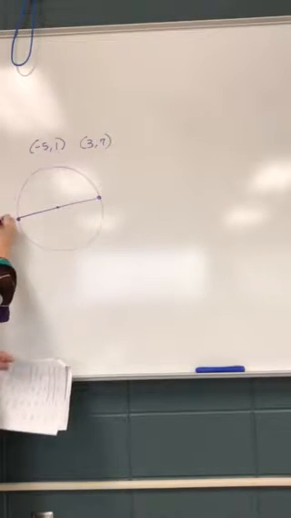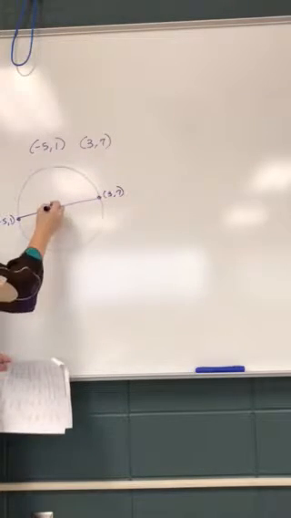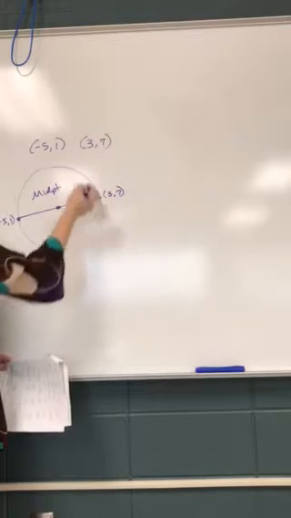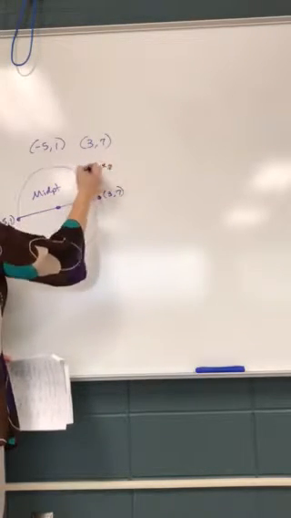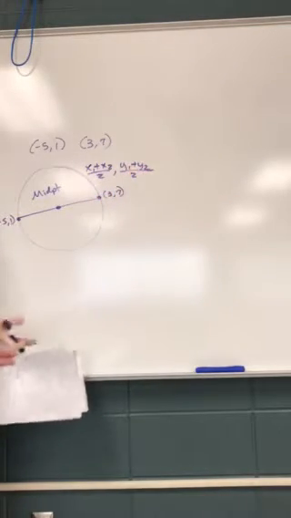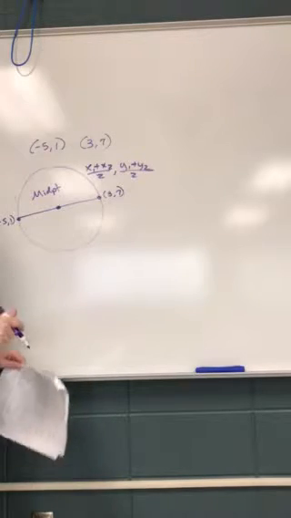So if we've got a point -5, 1 and a point at 3, 7, we'll find our center by the midpoint formula, which says add the x's, half them, add the y's, and half. In other words, the average of the x's and the y's. So that's how we're going to find the center of our circle.